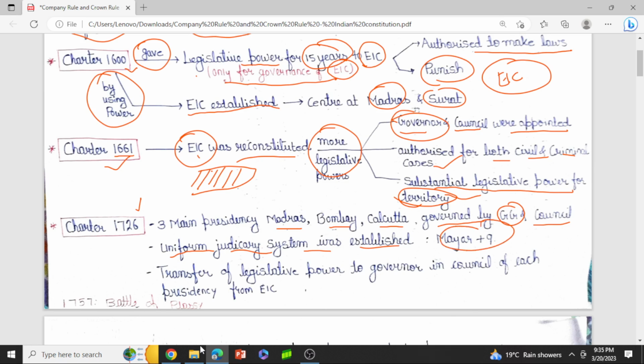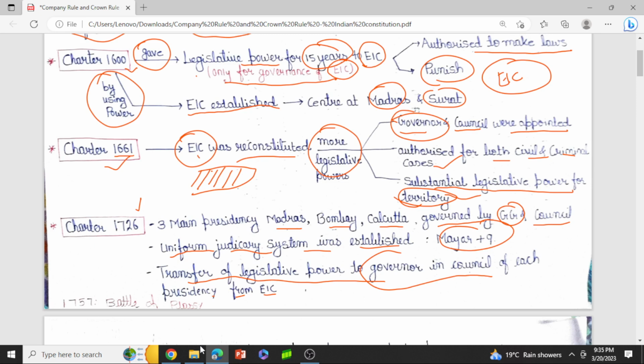It consisted of a mayor and 9 judges. In 1726, legislative power was transferred from the East India Company to the governor in council of each presidency. So see, now the powers are slowly being given to every presidency with the objective of having control over the country.